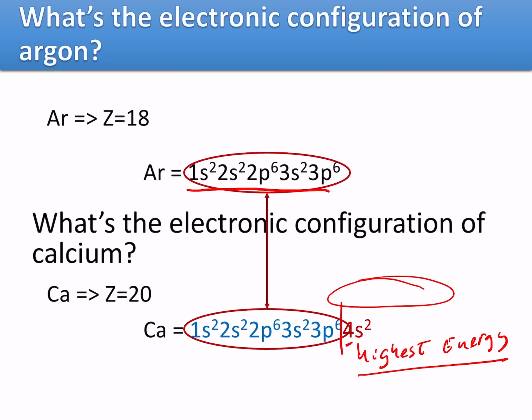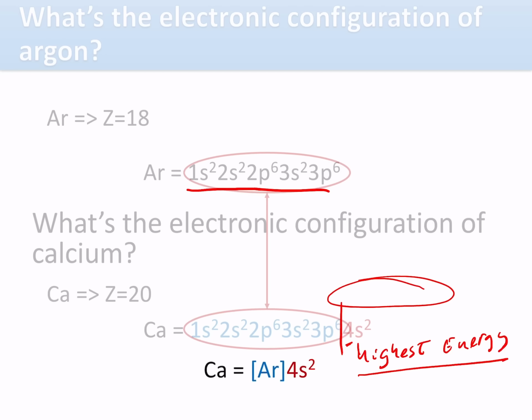Noble gases are also special in their very own way. So we can rewrite the configuration of calcium as simply argon 4s2. Up to the first 18 electrons in calcium, the configuration is exactly the same as argon. So we use that as a shortcut, and we call this the shorthand notation.